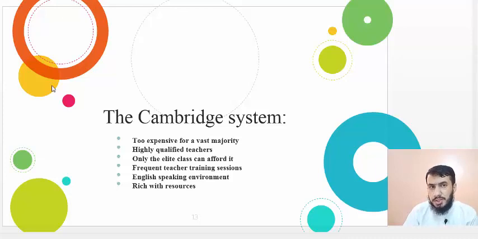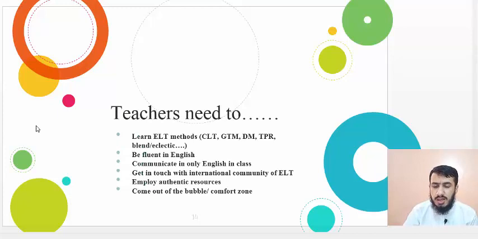Teachers are not allowed to speak in Urdu, Hindi or some other regional language. They have to speak in English when they are taking an English language class, and they are rich with resources. They have handouts, audio, video, online resources, offline resources, every type of resources available for their students and for their teachers to employ.